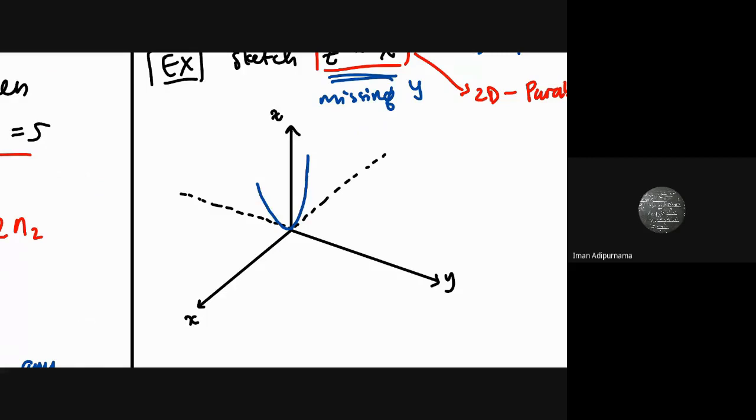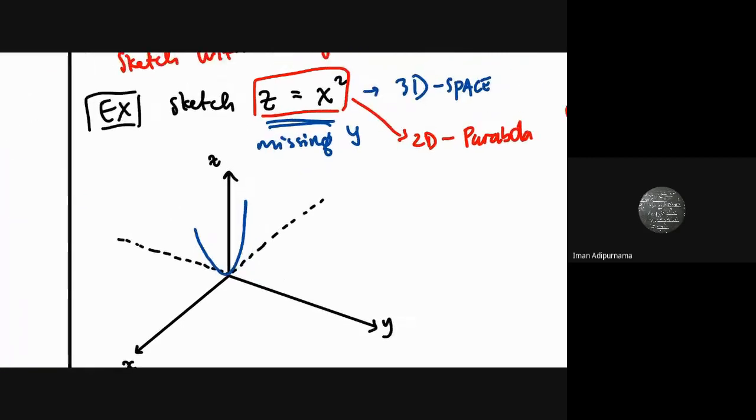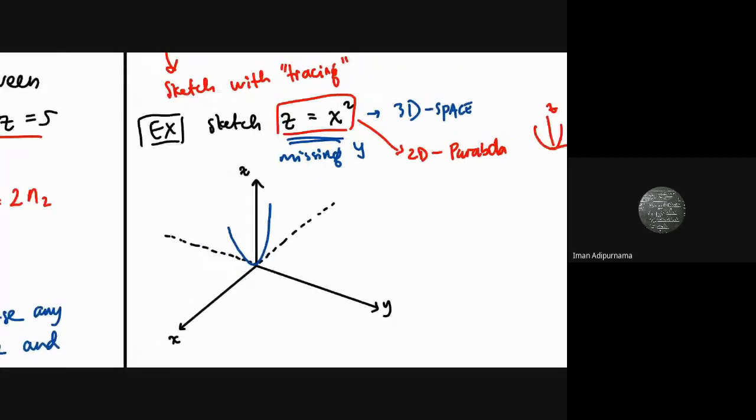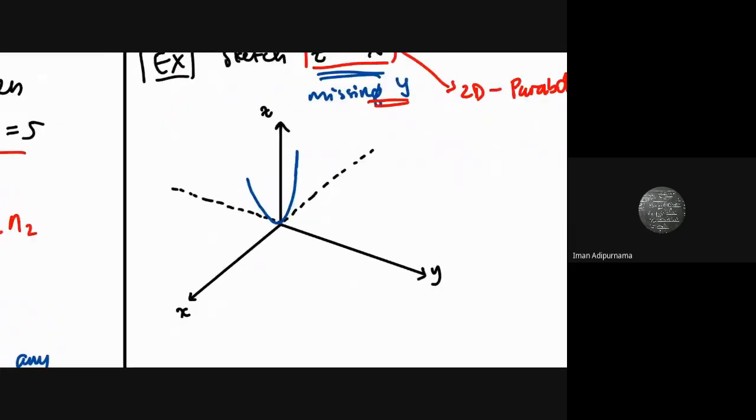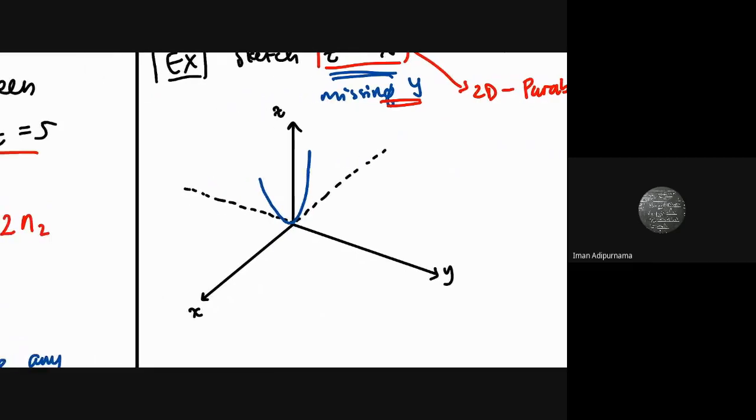Now, like we have done before in 12.1 and 12.2, the introduction of 3 dimensions, if we are missing y, then in our curve or in our real space, y will go infinitely positive and infinitely negative.